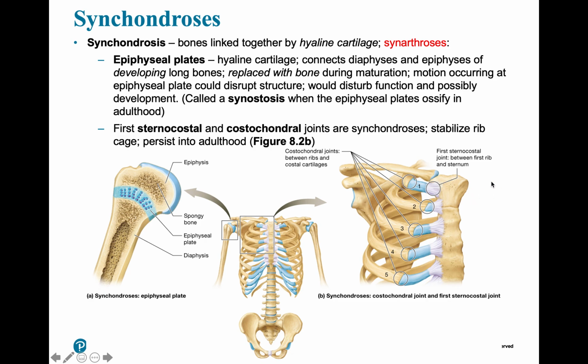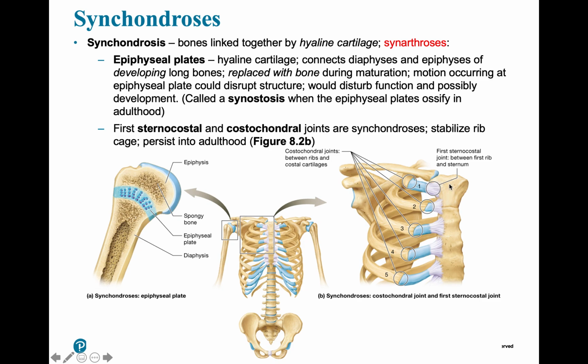Okay, so here, this is between rib 1 and the manubrium of the sternum. This is a location of a synchondrosis joint. It is also classified as synarthrotic and it's immovable. So between rib 1 and the sternum, this is an immovable joint.